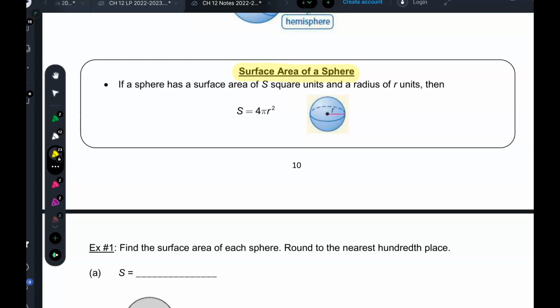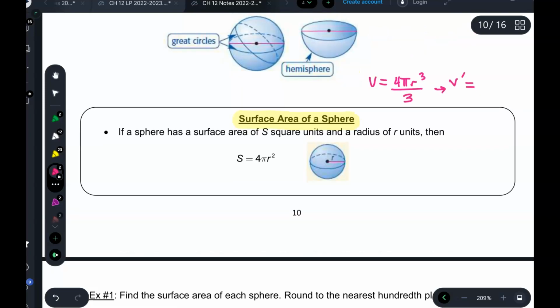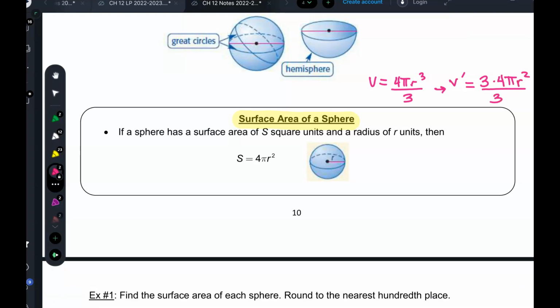You'll learn something called derivatives and integrals. For example, the volume of a sphere is 4 pi r cubed over 3. Then we take the derivative of that: we take the exponent, multiply it to the front, and reduce the exponent by 1.